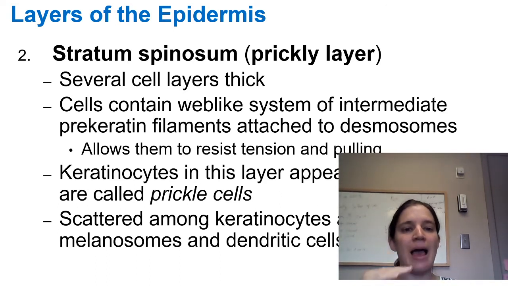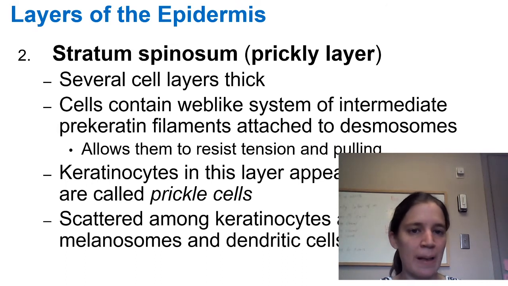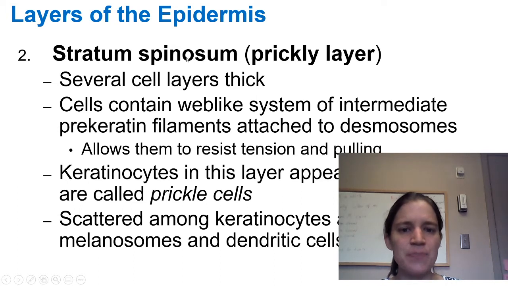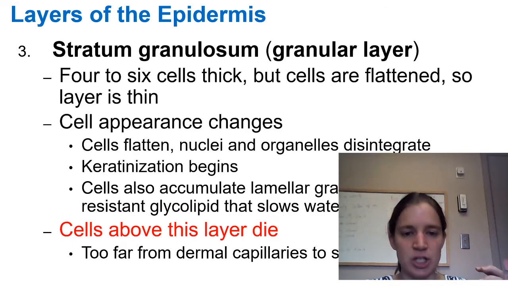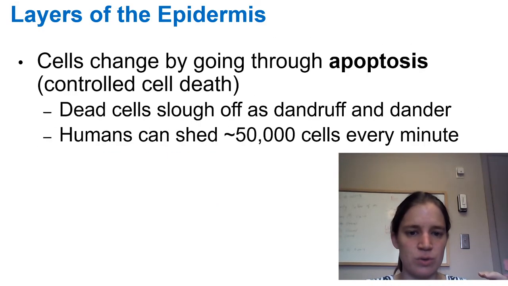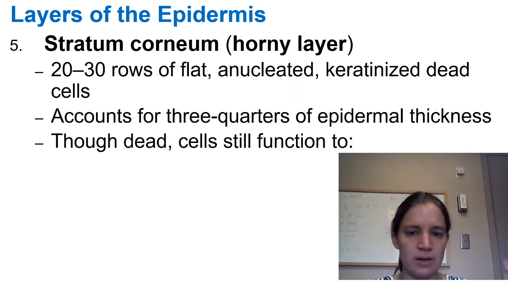You next up have what's called the prickly layer, stratum spinosum, spiny. It's several layers thick, and these cells are going to be prickly because they've got all sorts of connections amongst them.